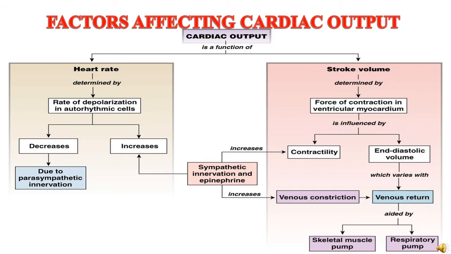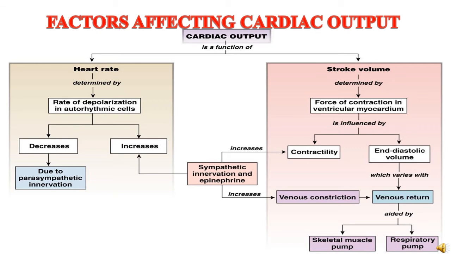The sympathetic innervation or the epinephrine, when it increases the contractility, increases the stroke volume. The end diastolic volume varies with the venous return. And when there is venous constriction due to epinephrine and sympathetic innervation, the venous return in turn increases.